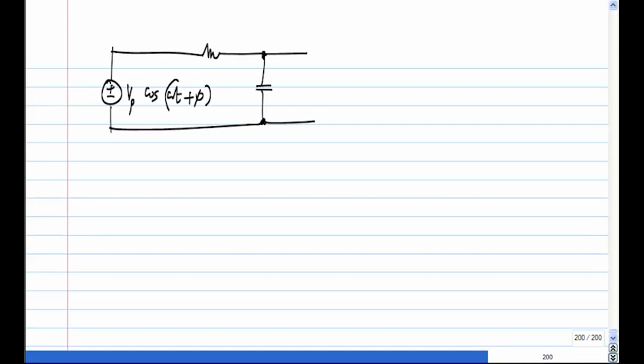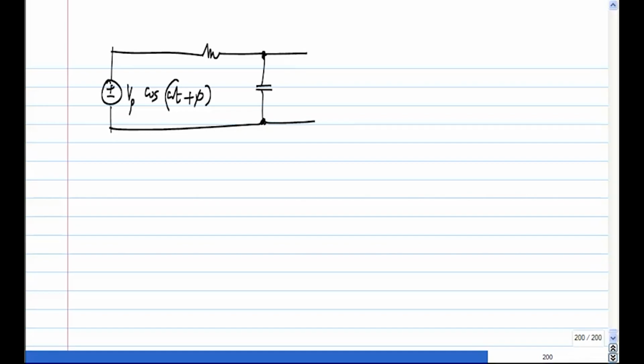It turns out that there is an even more elegant way of finding the forced response of a linear circuit to a sinusoidal input, given that we know the solution to exponential st, and we also know that these are linear circuits. I will show an RC filter here, but this applies to any linear system of any order.